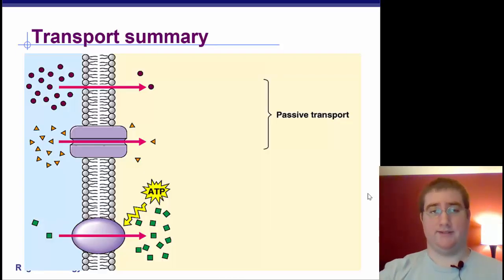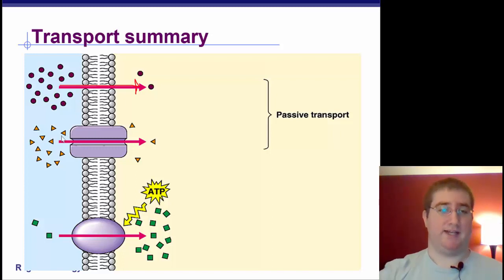The last thing I want to discuss is just a quick review of the types of transports we saw. We had the two types of passive transport. We had the first type where the materials move from a high concentration to a low concentration directly through the membrane, which is simple diffusion.